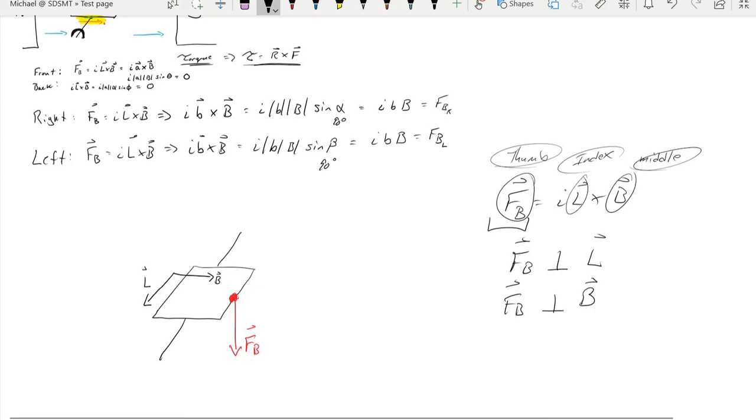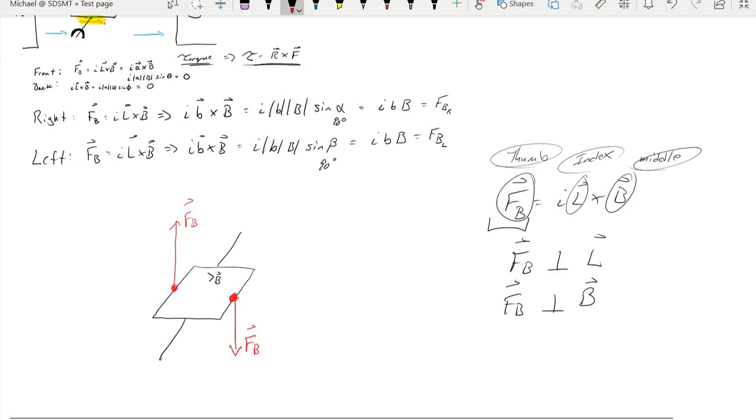Point to yourself, then point your middle finger so that it's pointing to the right, keeping your index finger pointing towards you. And the only way that you should be able to extend your thumb is up. And so that means that the left-hand side of our loop has a force vector acting on it, which is pointing up.